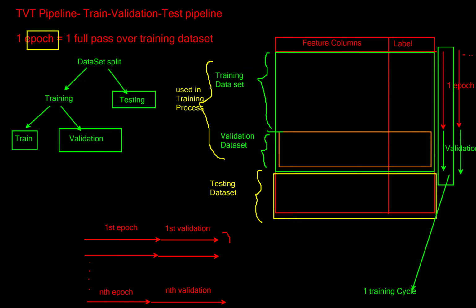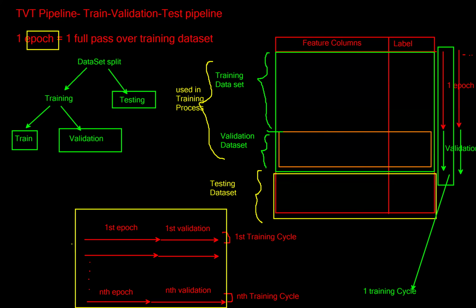One such cycle is known as the first training cycle, and similarly the last is the nth training cycle. If we club all these together, completely, this is known as the training process.